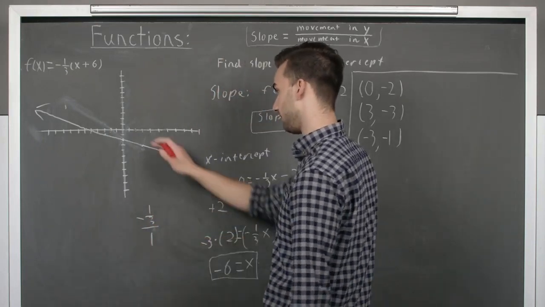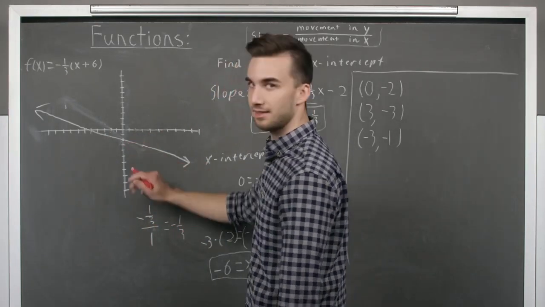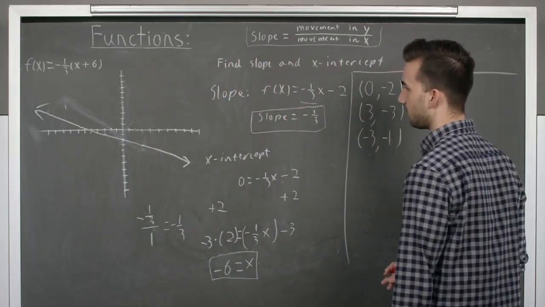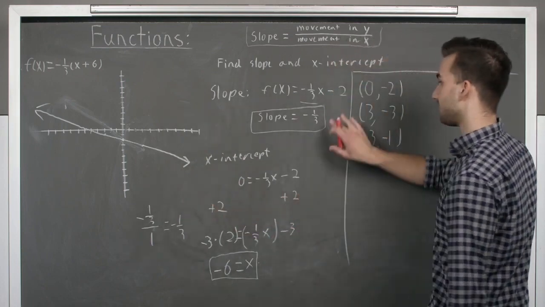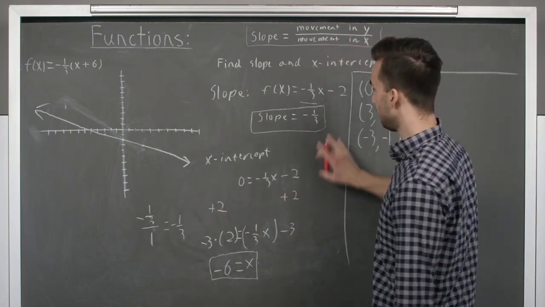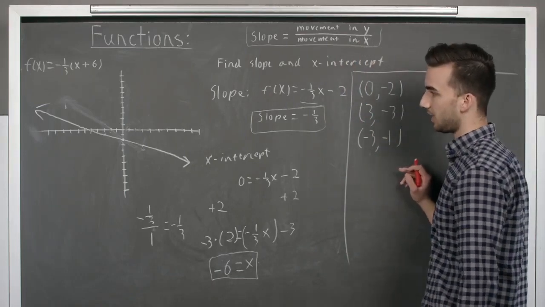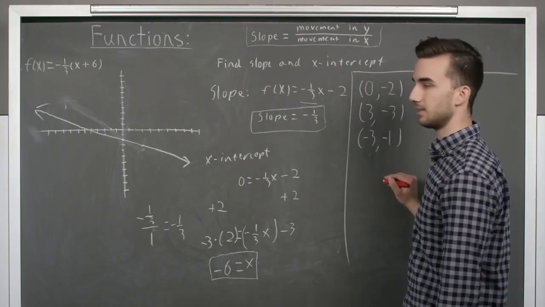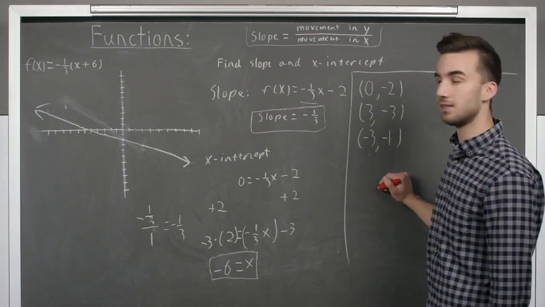So we know that it is -1/3, possibly. And once again, graphing just helps us to visualize and double check that our algebra is correct. Graphing is not essential, but I would definitely recommend it because it helps us double check our answers. But let's do some more examples.